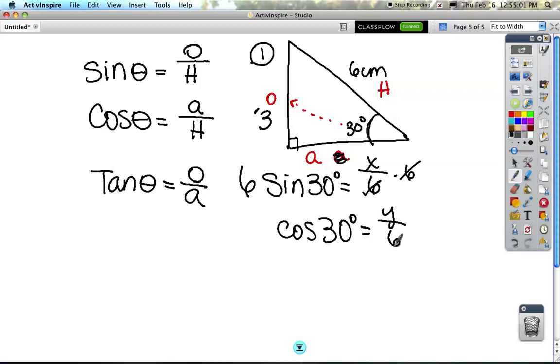What's my H? 6. So what are we going to do now? Multiply by 6. And 6 cosine 30? 3 square roots of 3. And there are your two sides.